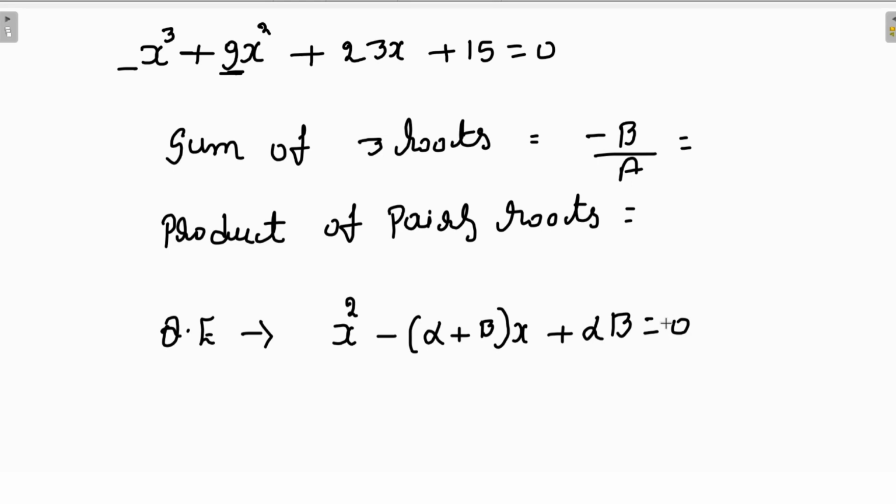Same thing, if I write it now for a cubic equation. If they give alpha, beta and gamma values, how to write the cubic equation?